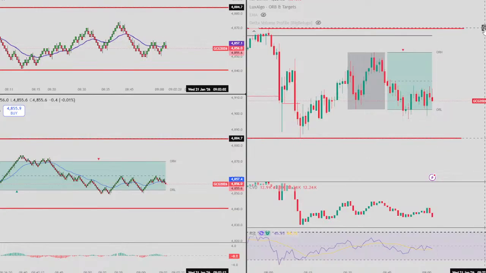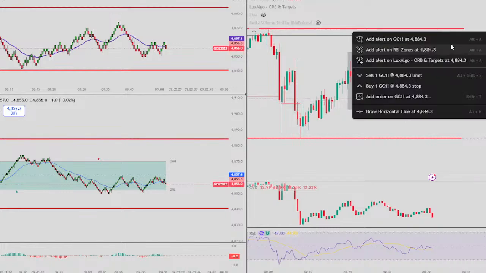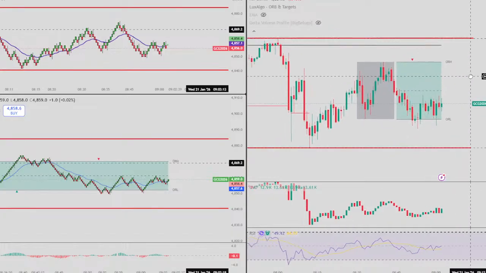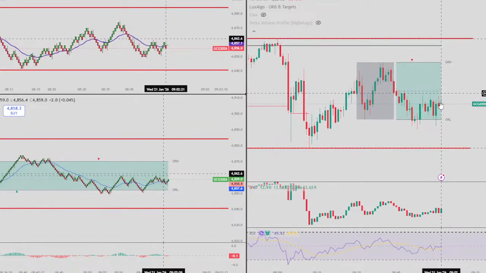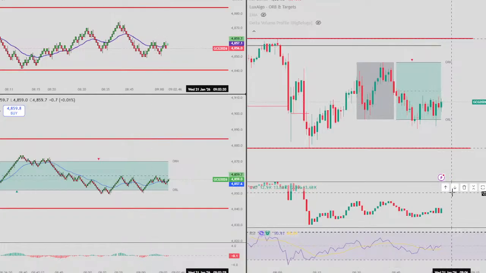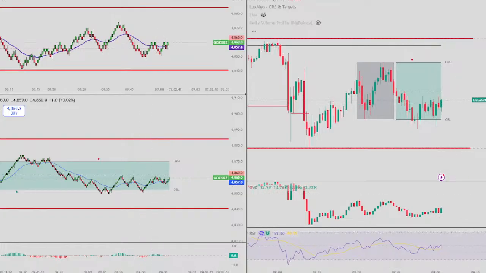And set an alert here. And there you have it. So we have our alerts. If price crosses this level, or if the RSI crosses this level, we'll know. And then we can come back and see what's going on.